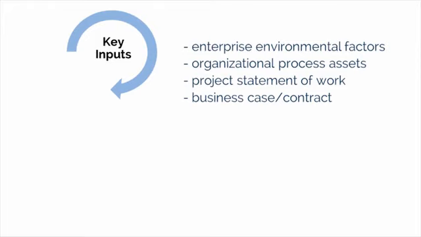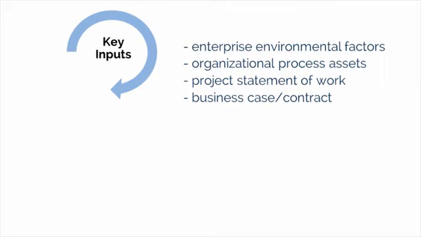For example, the organizational culture and systems, government regulations, or project management information systems. Another input is organizational process assets, or OPAs, which are all the lessons learned documents, methodologies, templates, procedures, and so on. Both of these are needed and can drive the development of the project charter.